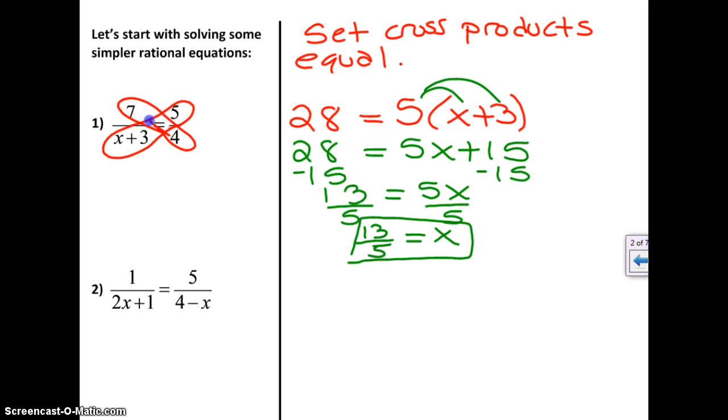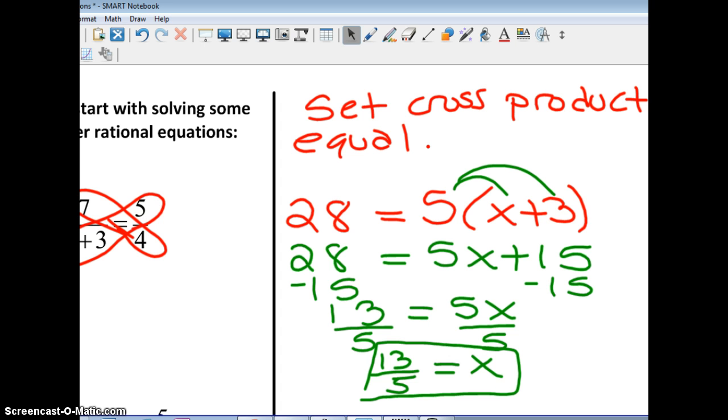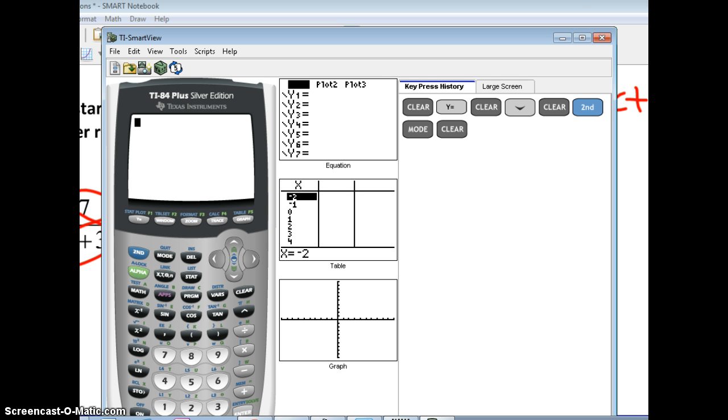Now, one way I can check my work, and I want to show you guys this because you have your calculators as a tool. So I'll bring the calculator up and we can check together. All right, so if I bring up my calculator, I know I want 7 divided by, and then I want x plus 3 in my denominator.